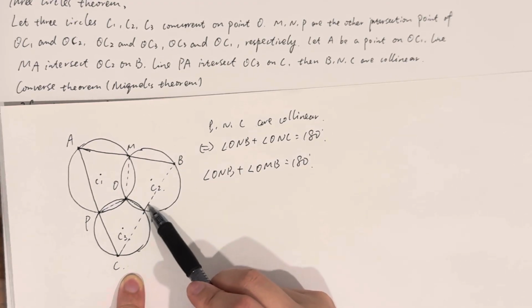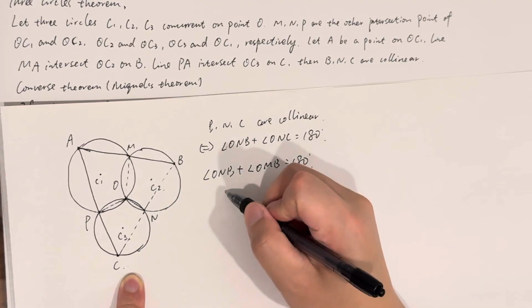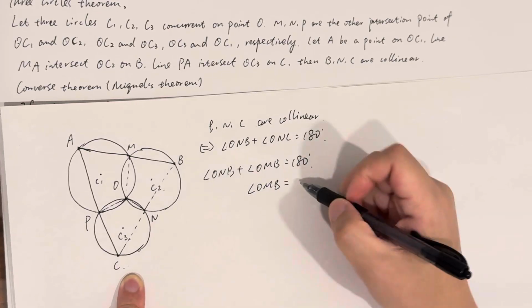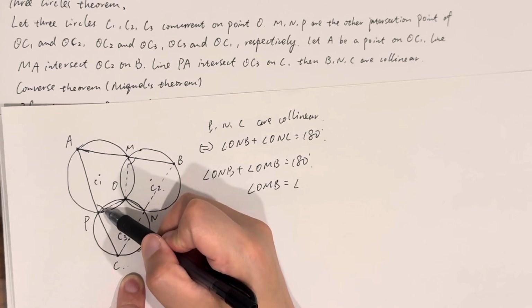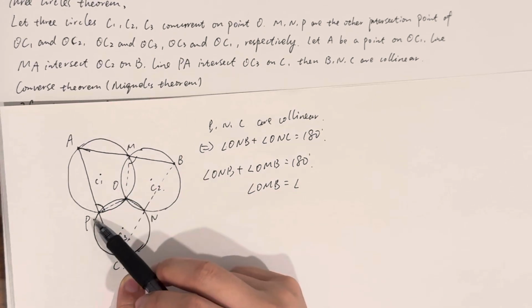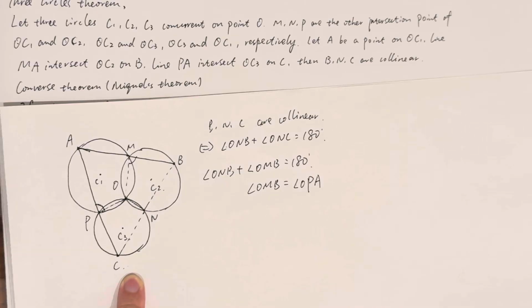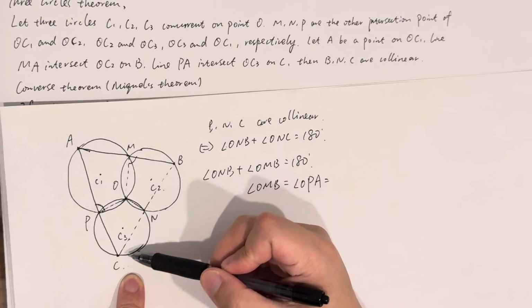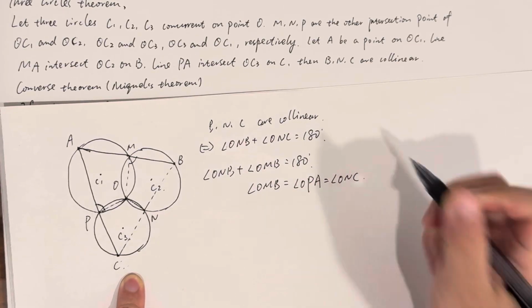So the angle ONB plus angle OMB is 180 degrees, and we know that angle OMB equals this angle, the angle OPA, which also equals angle CNO, or angle ONC.